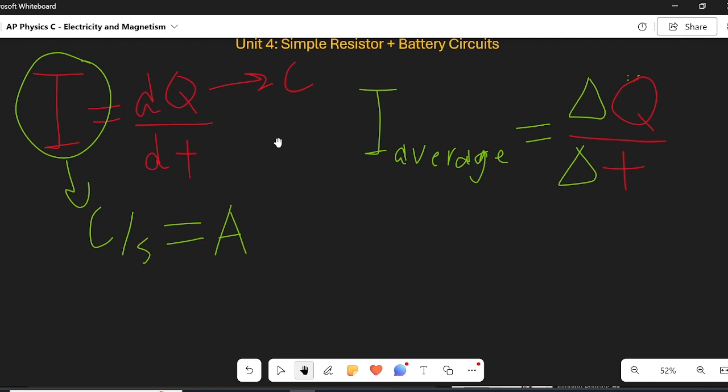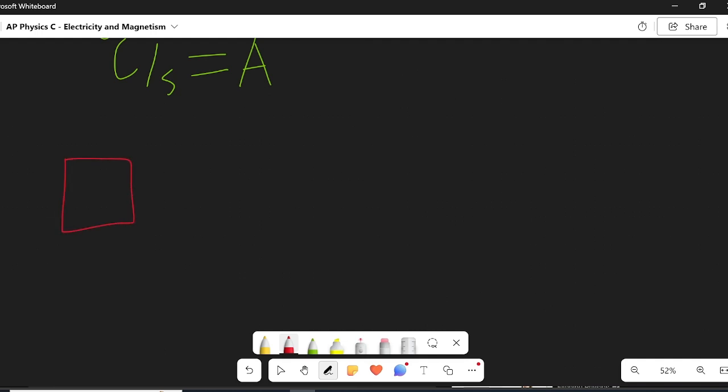And current only forms when, let's say we draw out a circuit here. We'll say this is a battery for now. We'll get into the formal notation later. We are hooking it up to some wire.